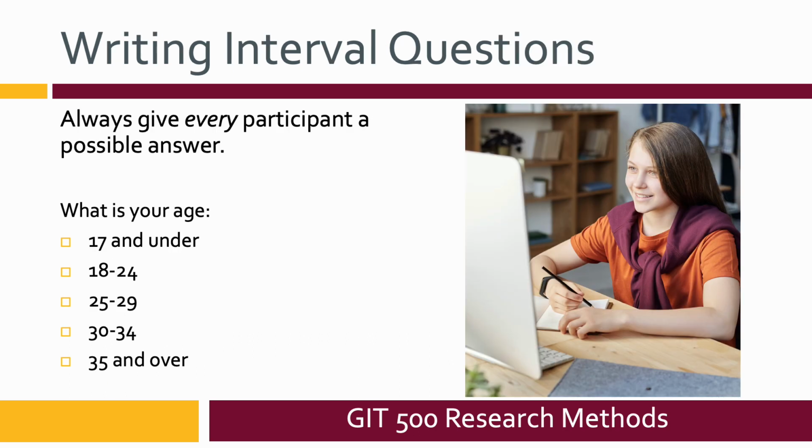A little piece of advice on writing interval questions. You need to make sure you always give every participant a possible answer to choose. For example, if you were going to ask age, you remember with interval, you don't have to start at 0. You have an arbitrary beginning and end time.